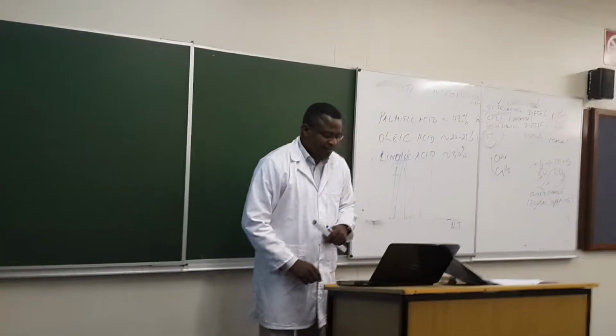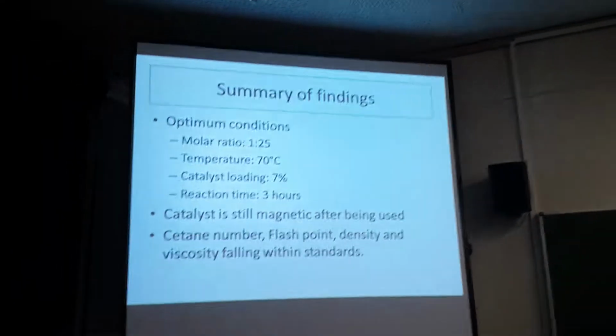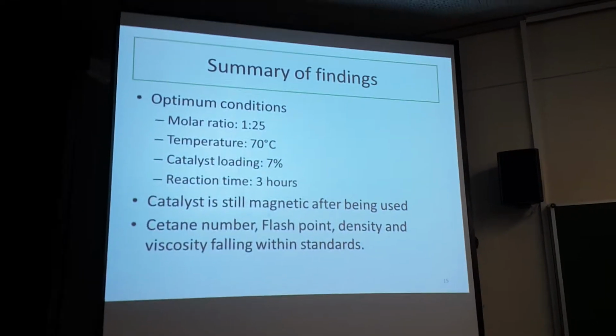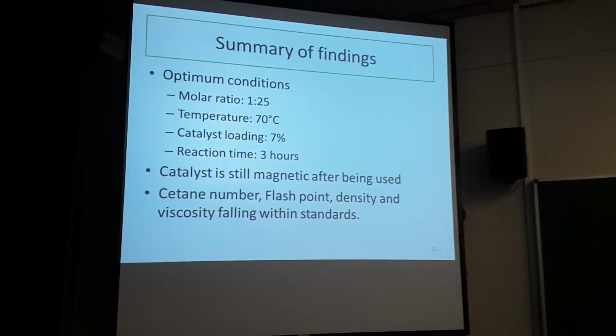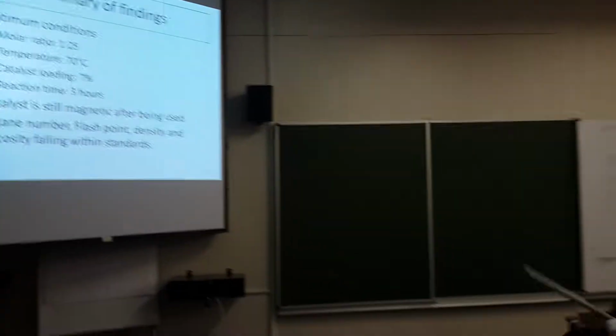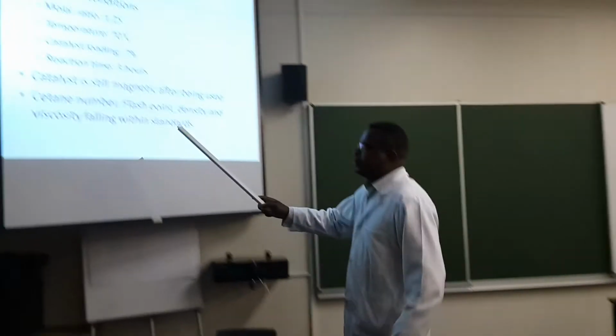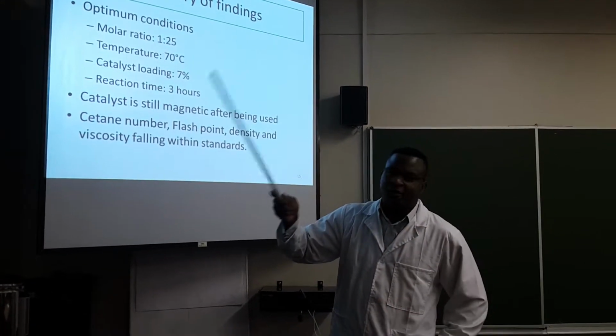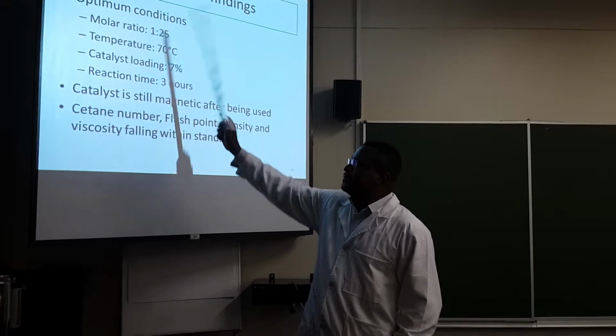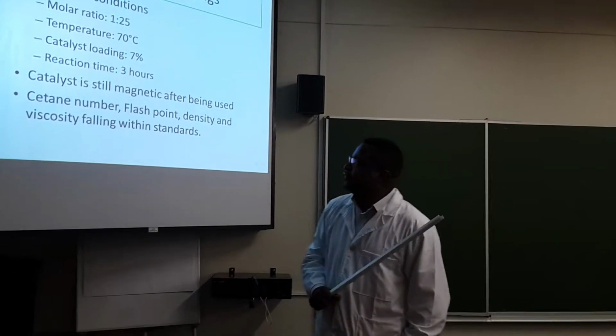In summary, guys, we succeeded last year to prepare our biodiesel, and we optimized the operating conditions in such a way that the molar ratio between the oil and the alcohol is supposed to be 1:25.